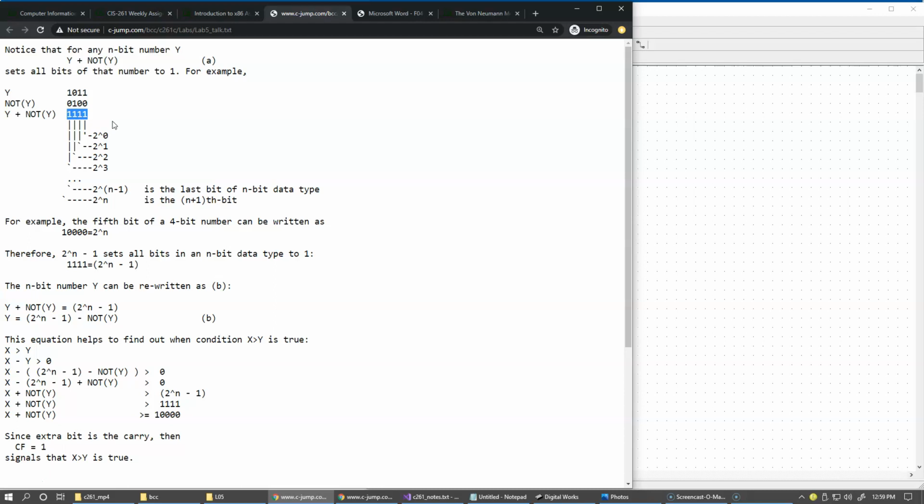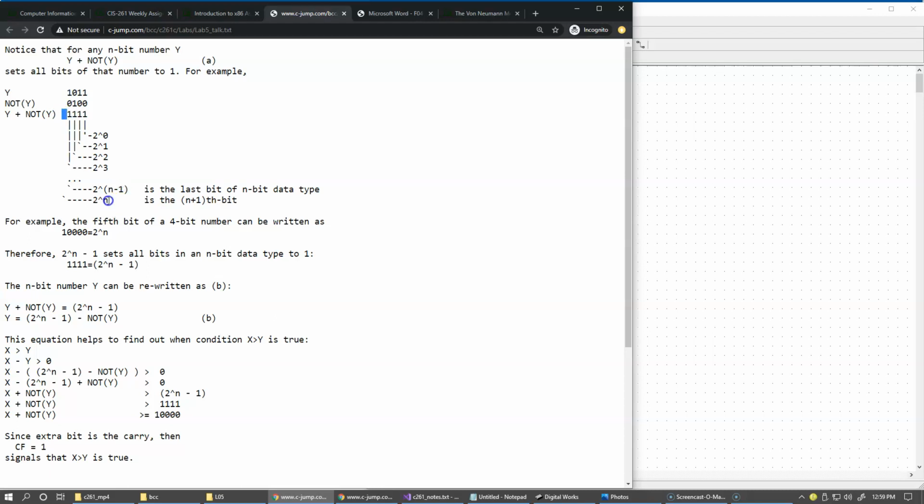If we continue this thinking, this extra bit right here could be represented as 2 raised to the nth power, where n is the number of bits, because we begin with 2 raised to the 0th power, 1st power, 2nd power, which corresponds to positions of bits 0, 1, 2, and 3, and so that would be the 4th position.